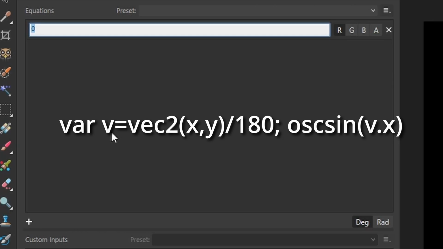And I'm going to, in this case, create a variable v equals vec2 with x and y, and I'm going to divide by 180 degrees, and then take the oscillator sine of v dot x.